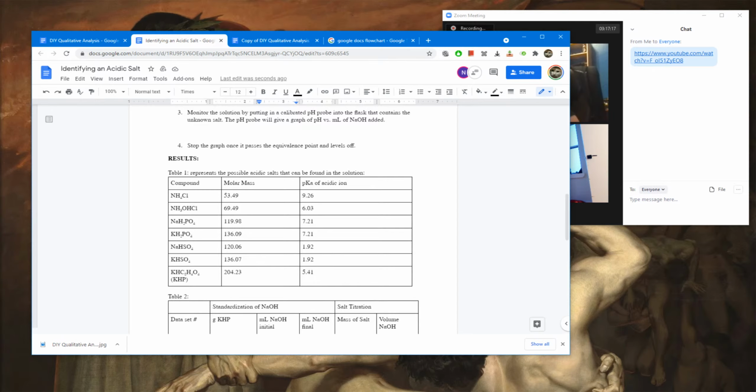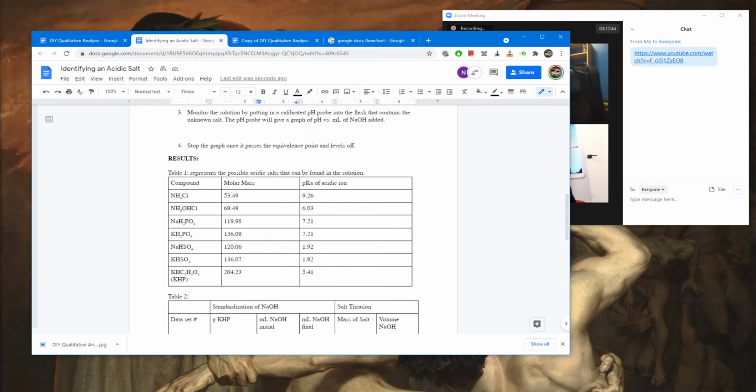Then we find pKa, so we find pKa before we find the concentration of the salt. So this is what we're going to do. So the pH.